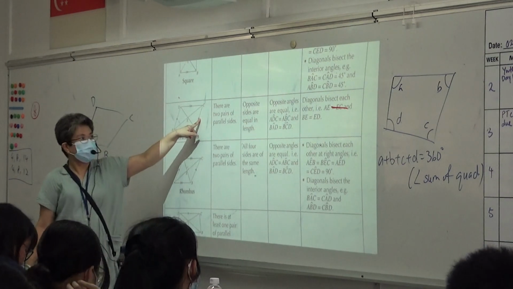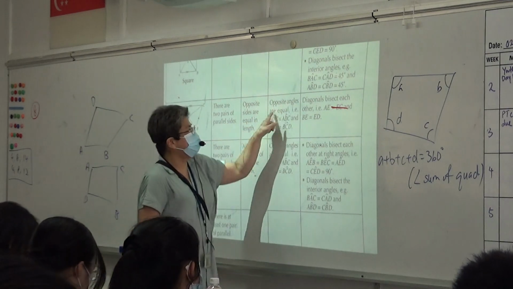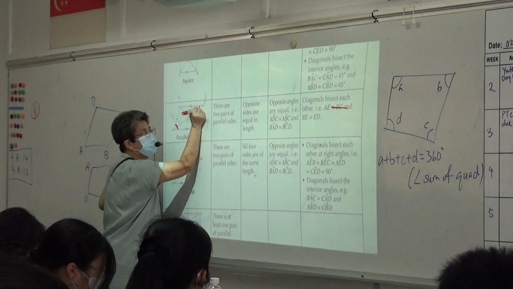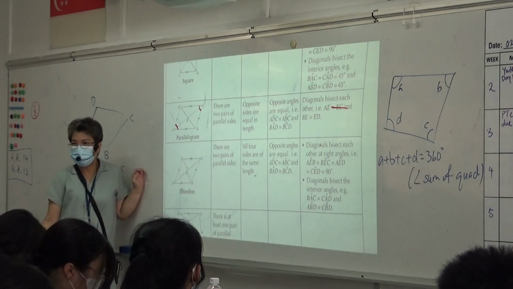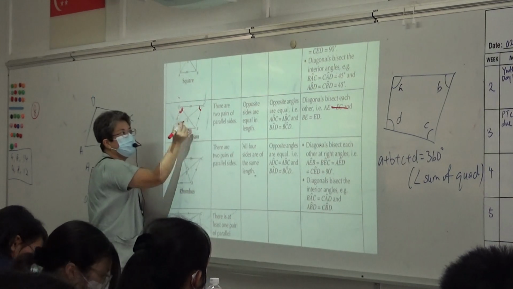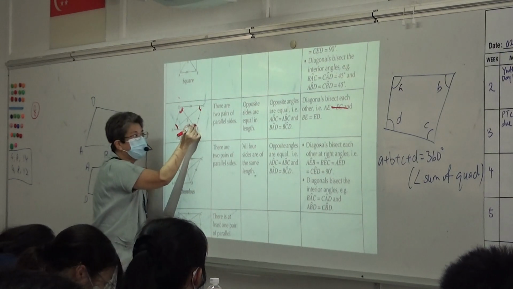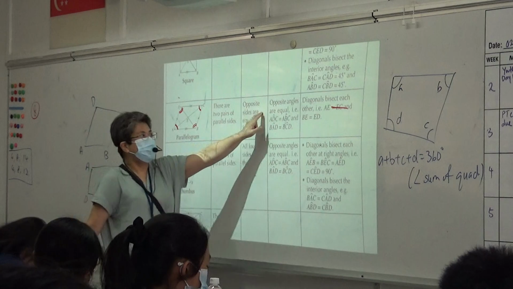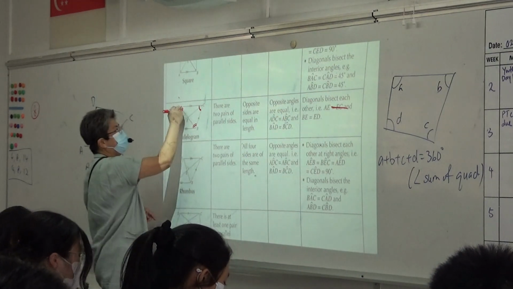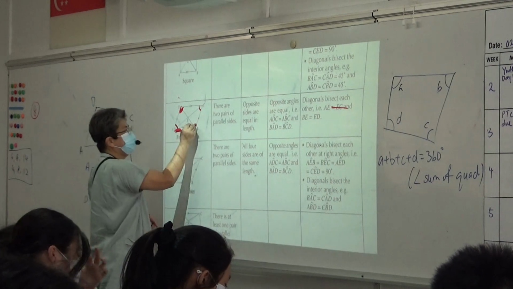Clear? Then opposite angles are equal. That means this angle is equal to this angle, and this angle is equal to this angle. That is angle ABC, which is this one, is equal to angle ADC here.